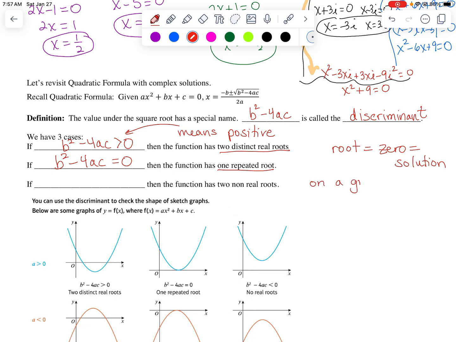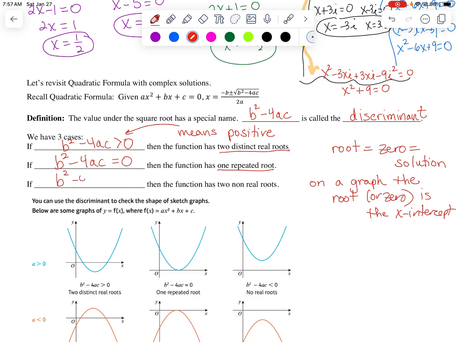On a graph, the root or 0 is the x-intercept when it's a real root, because we'll talk about that now in this third row.